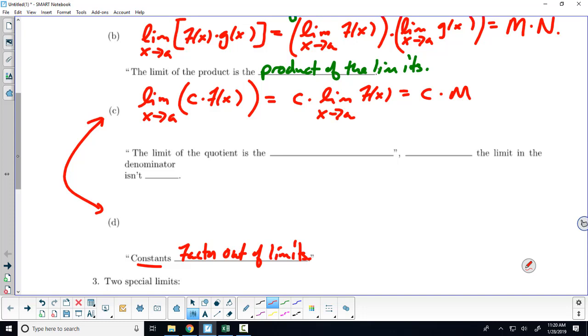If I gave you the expression 3x to the fourth power, and that 3 sitting inside the parentheses there, what can I do with that 3? I can factor it out of the parentheses, right? I could write it as 3 times x to the fourth power. There's an example where a constant came out of an expression.